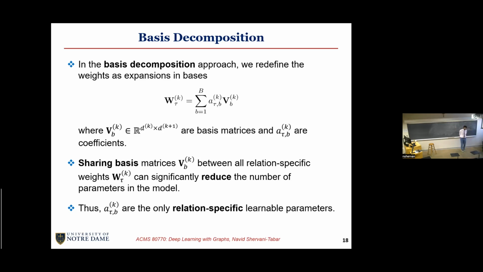You're like, hey, I have 1,000 types, but I don't want to train 1,000 W's. Just choose 10, and some coefficients. So you have reduced your 1,000 matrices into, let's say, 10 matrices.